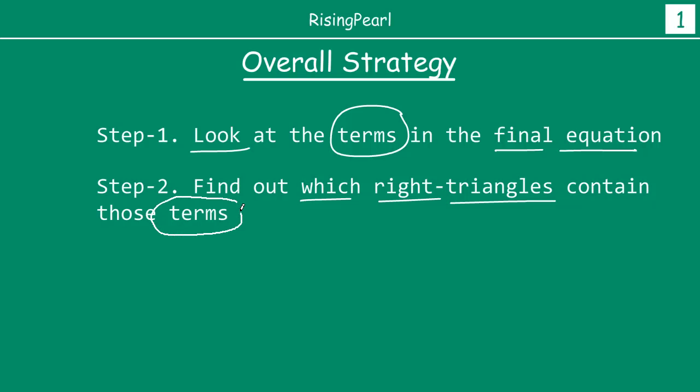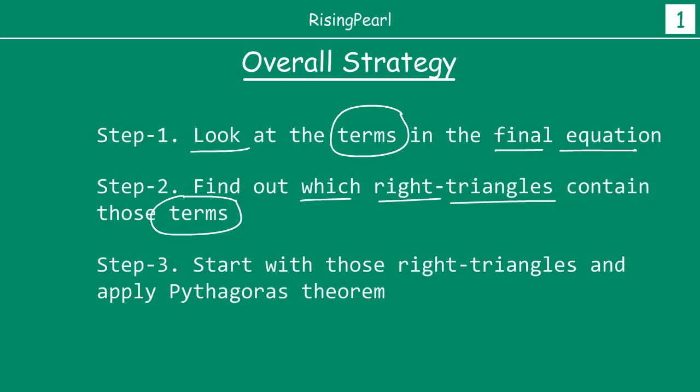We are going to identify what are the right triangles or right angled triangles. In short, I'm writing it as right triangles. Which right angled triangles contain those terms? And finally, step 3 is start with those right triangles and apply Pythagoras theorem.